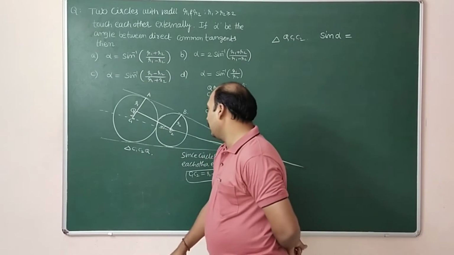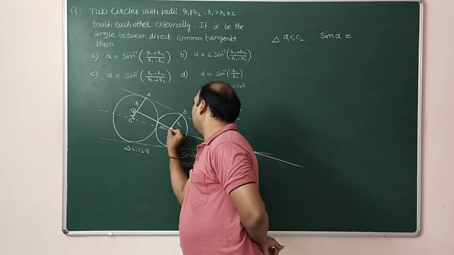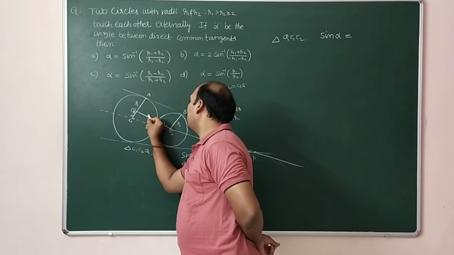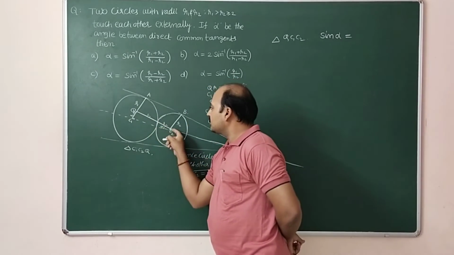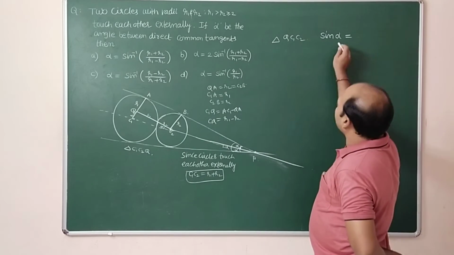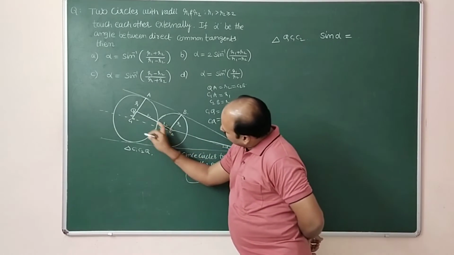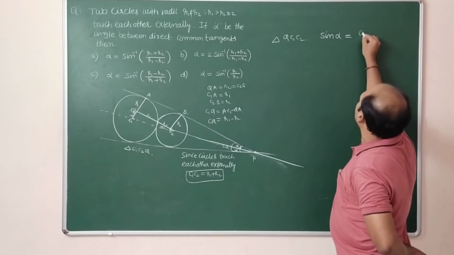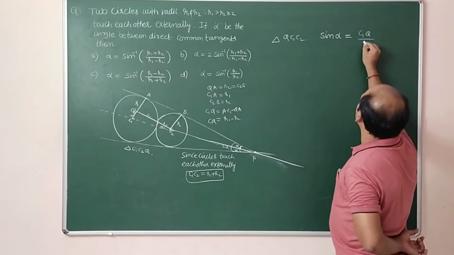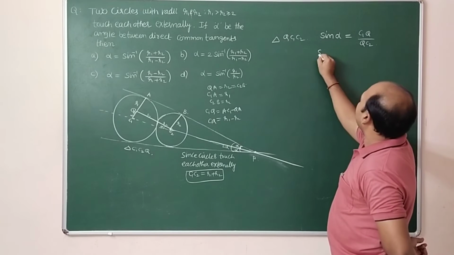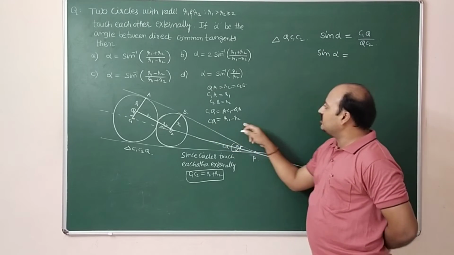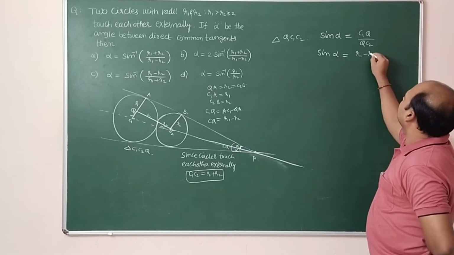Here C1C2 is the hypotenuse, R1 plus R2. Sin alpha equals the side opposite to the angle, C1Q, divided by the hypotenuse C2C1. Sin alpha equals C1Q, which we got now: C1Q is equal to R1 minus R2.